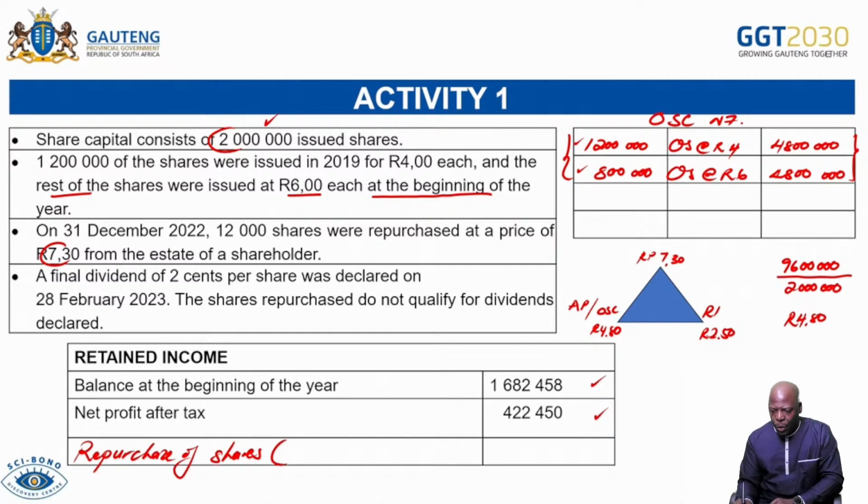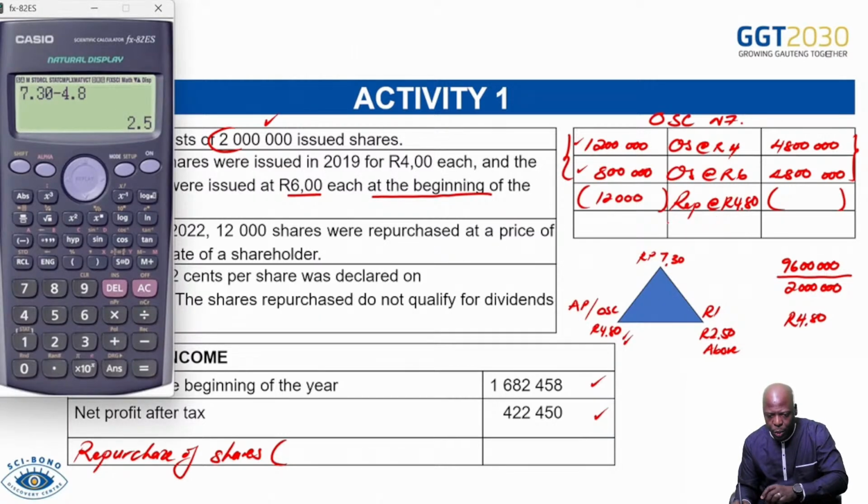Now, where do we record the retained income? Remember, we record the amount above. I'm going to have my brackets open here. How many shares were repurchased? It is 12,000 shares, repurchased at the average price, which is 4 rand 80.